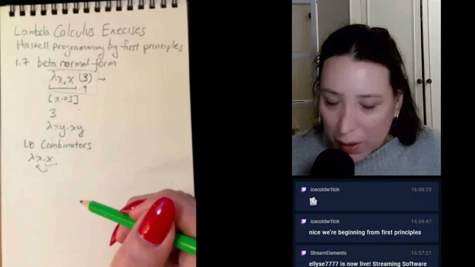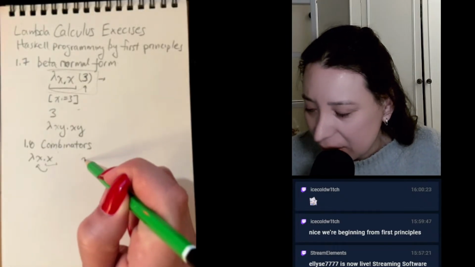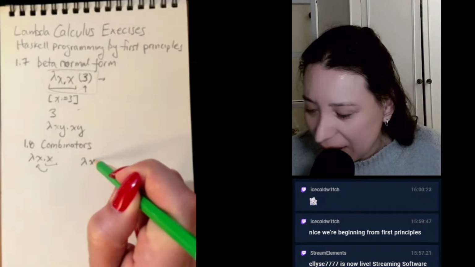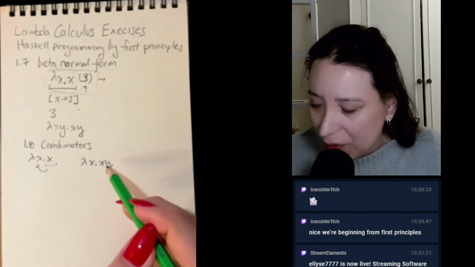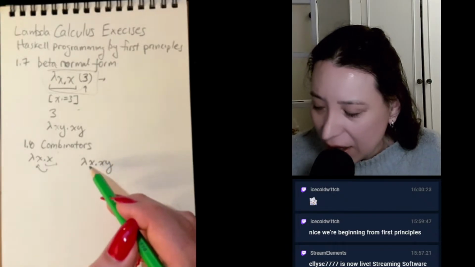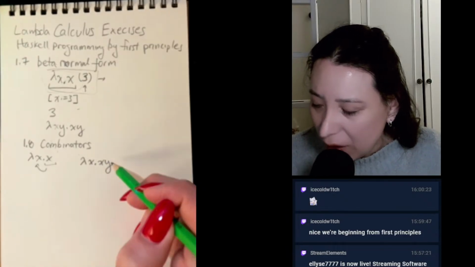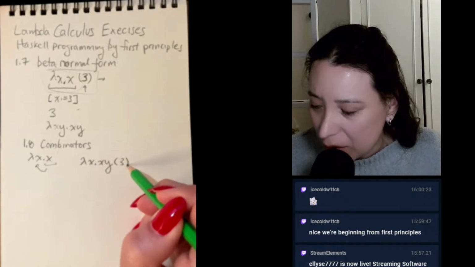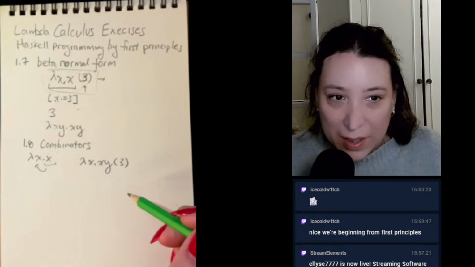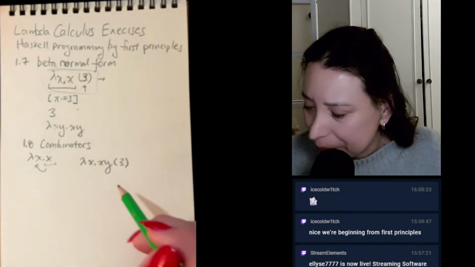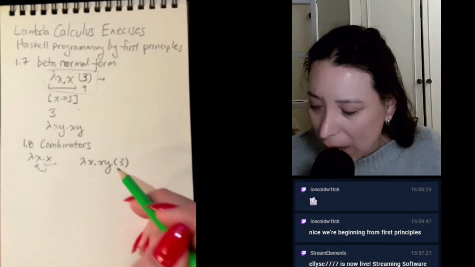If they aren't in the head, here's an example of something that's not in the head. You have a y in here that's not in the head. So even if we give it a parameter or argument so that we can try to put it in beta normal form, the y can never go away.